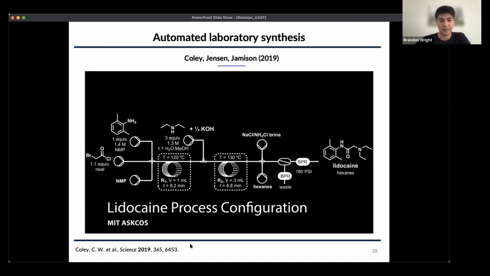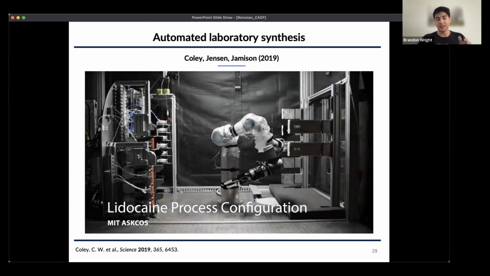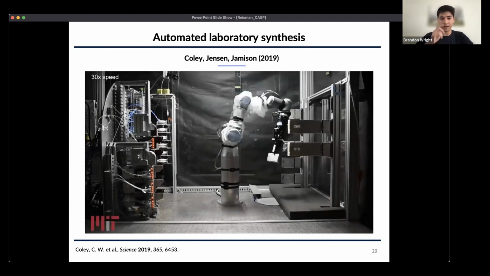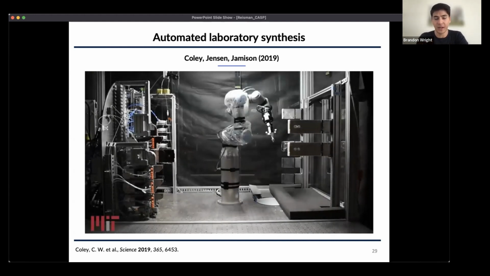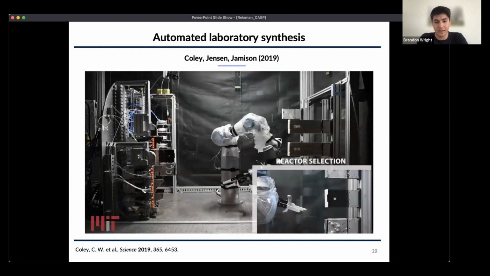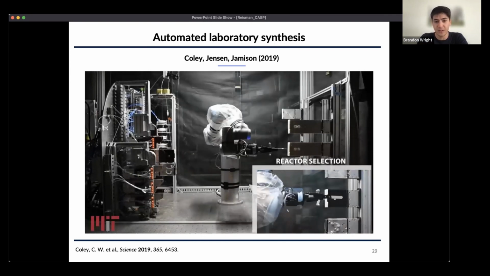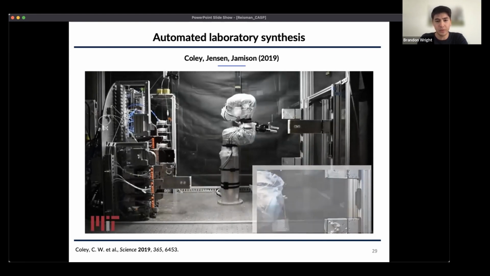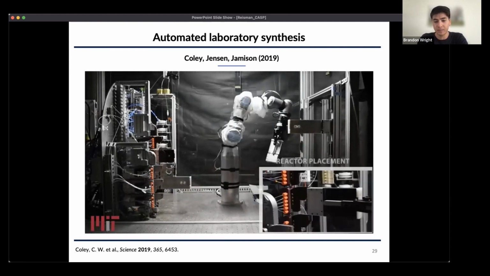So there's a nice video here. Let's see if I can get it to play, but in their SI, they show this particular flow synthesis of lidocaine, and you can see this robot selecting these different flow modules. Each of these is like a flask. So if you have a multi-step synthesis, you need a different flask for every step, and it's aligning these all in a flow setup automatically.